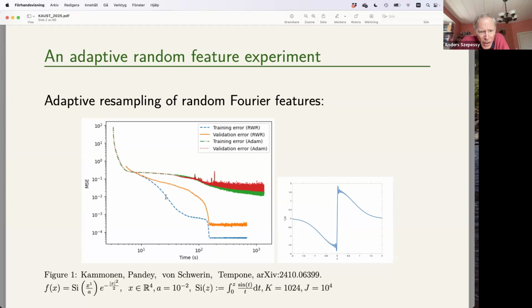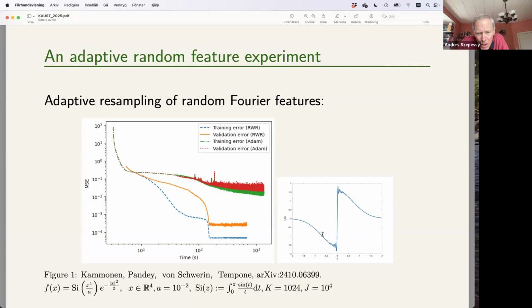Here we have the training error of that, and here we have the testing error. And here is a standard Adam method applied to a problem in dimension 4.